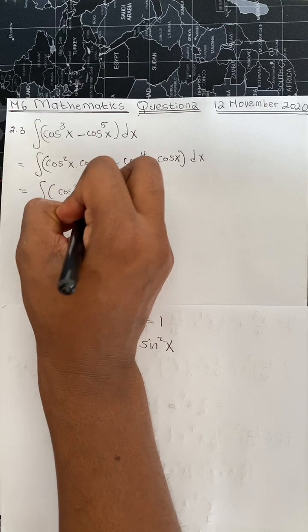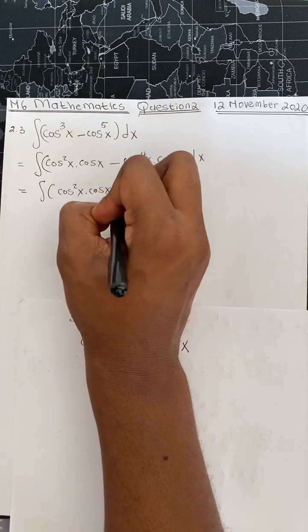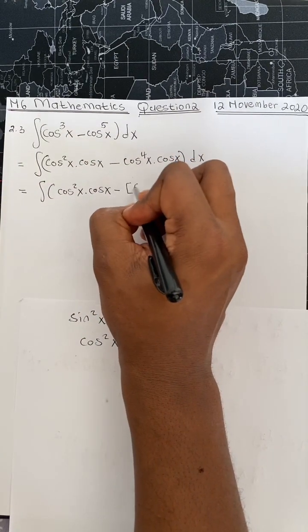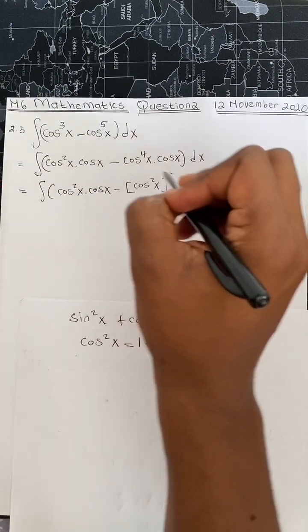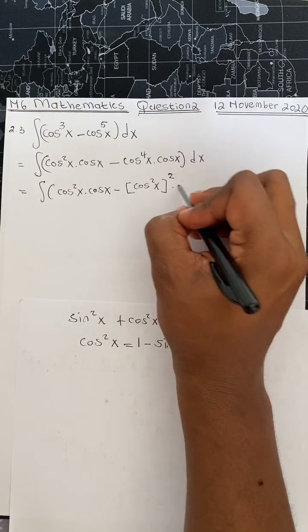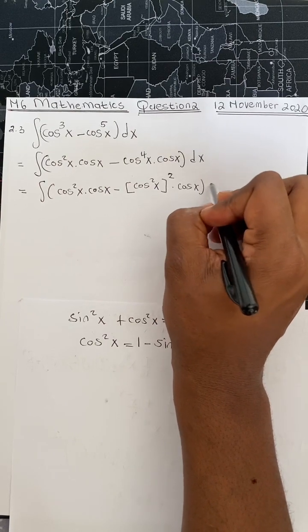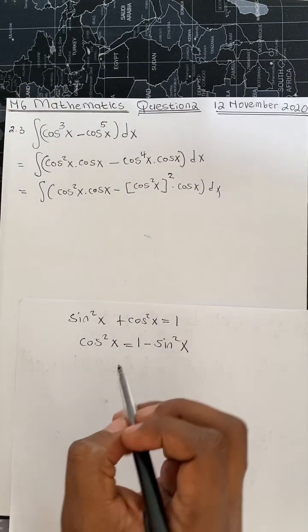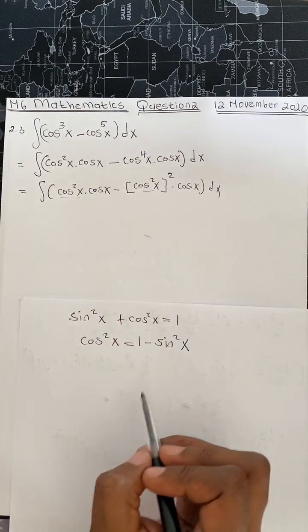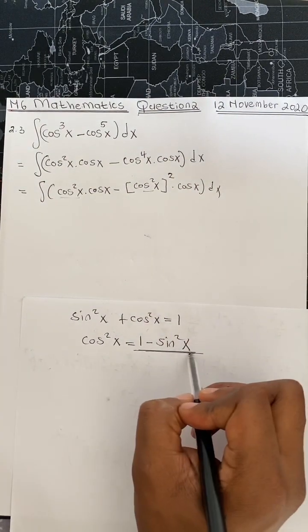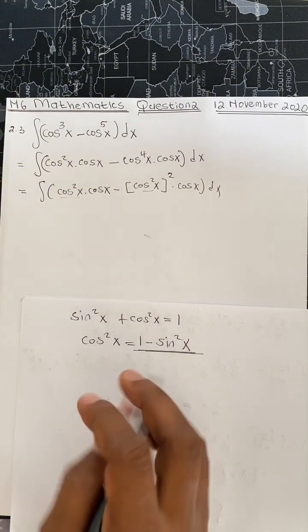We have cos squared x multiplied by cos x, that we can write as cos squared x raised to the power 2, which is equals to that multiplied by cos x dx. So in the place of the cos squared x and the cos squared x, we will substitute 1 minus sin squared x because it is equals to cos squared x.